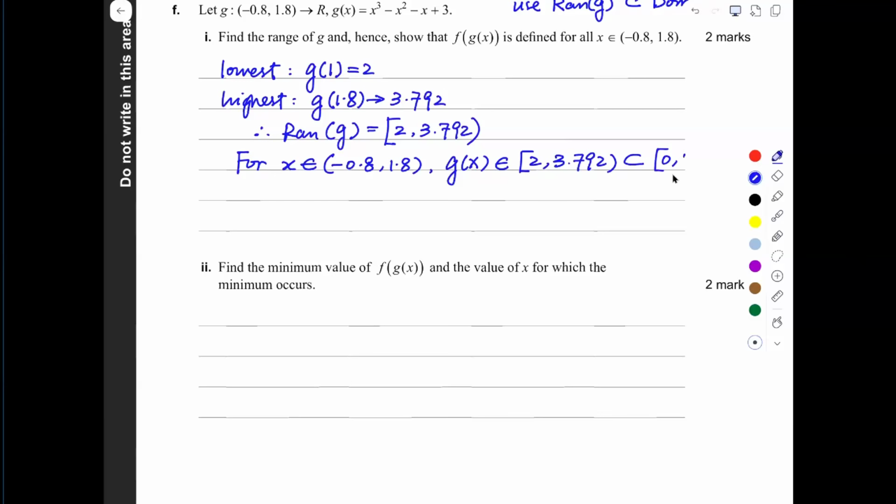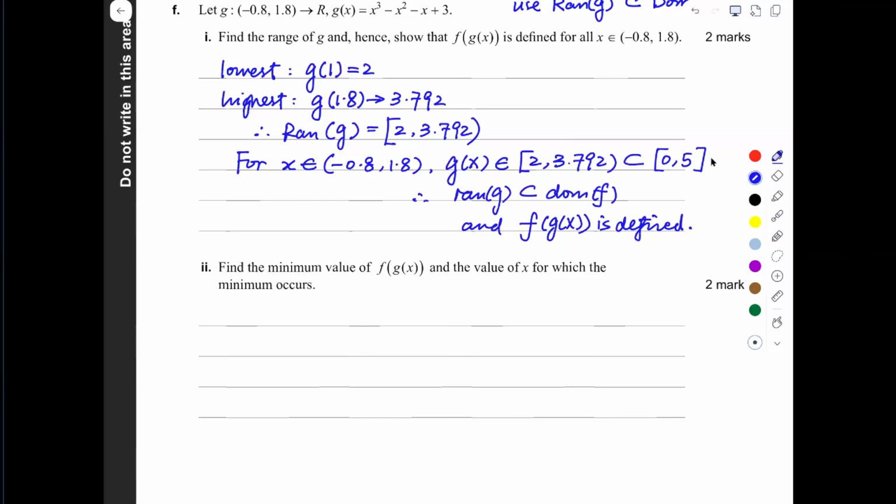Yes, 0 to 5 captures this. Therefore, the range of g is a subset of the domain of f, and fg of x is defined. So you have to refer to the specific number set and argue that this number set is contained within 0 to 5 and explain the theory, okay? Quote the specific number set and refer to the theory.